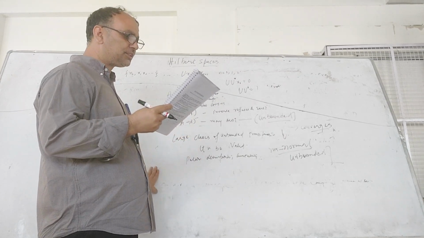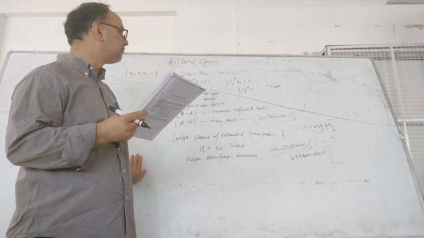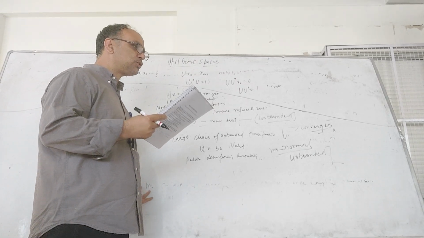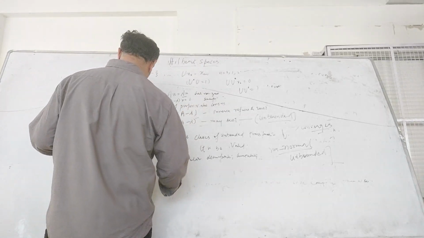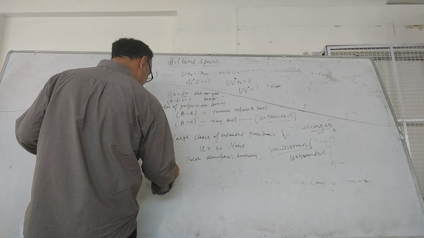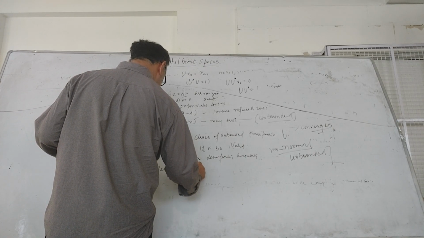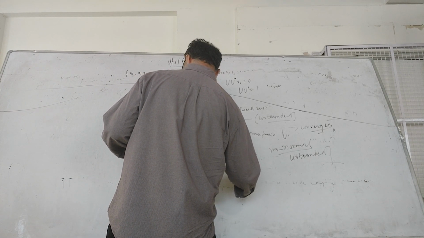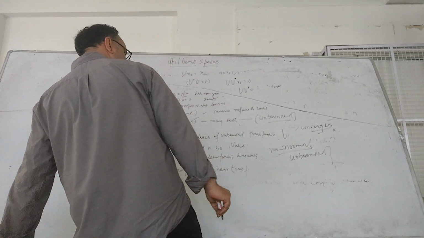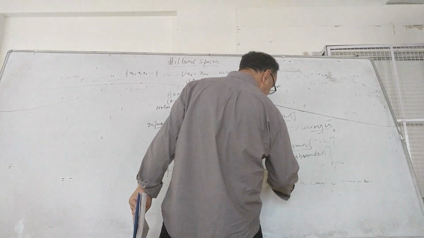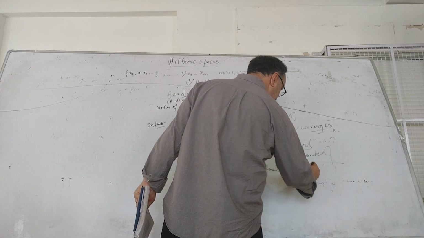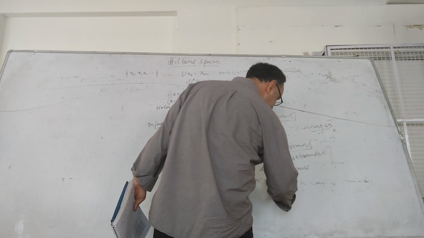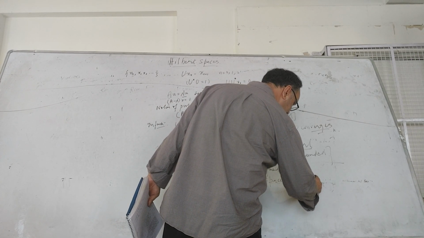So after we do these things, it will not be that difficult to show that a self-adjoint linear transformation defined for all vectors of Hilbert spaces is bounded.